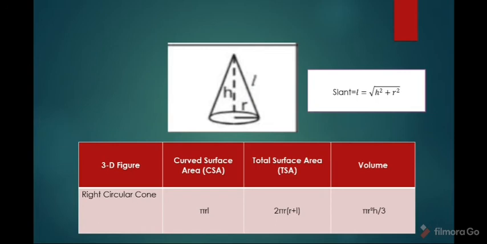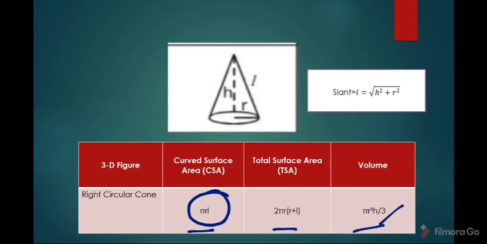Total surface area is equal to the area of the curved surface plus the area of the bottom circle, and the formula is pi r into (r plus L). The volume, or the capacity of this cone, is equal to 1 by 3 pi r square h. If you look at these three formulas, only for curved surface area do you need to find the slant height.